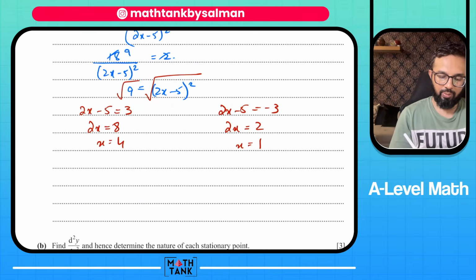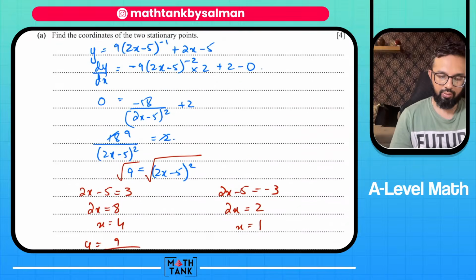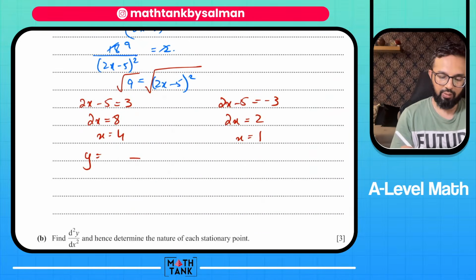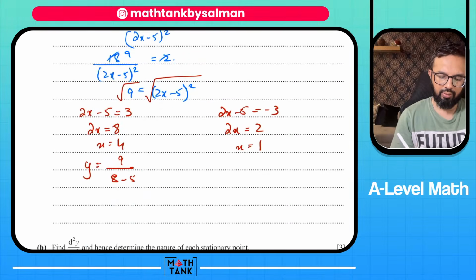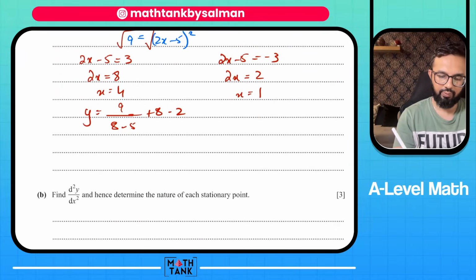Okay, so y equals 9 over 8 minus 5 plus 8, minus 2 minus 5.